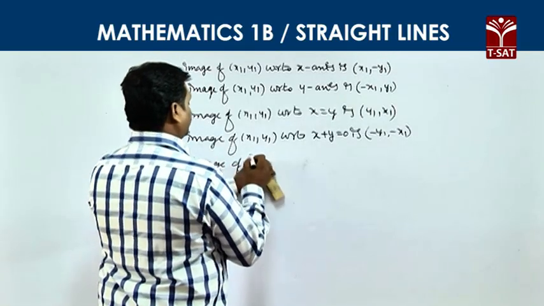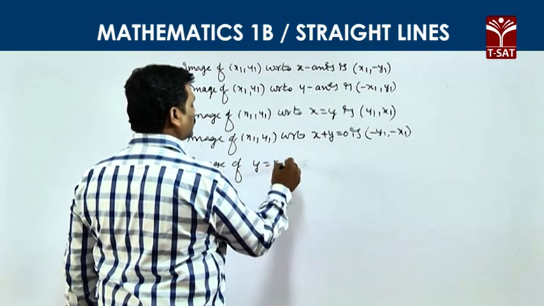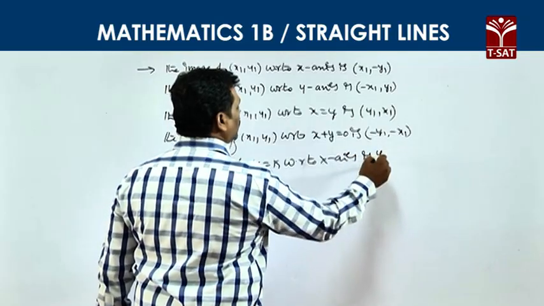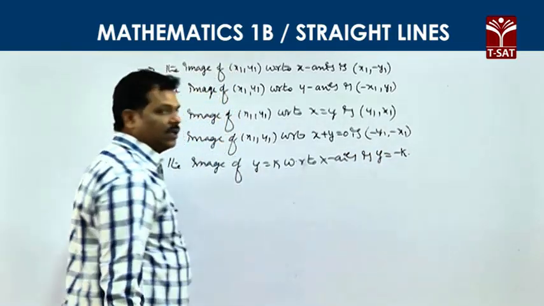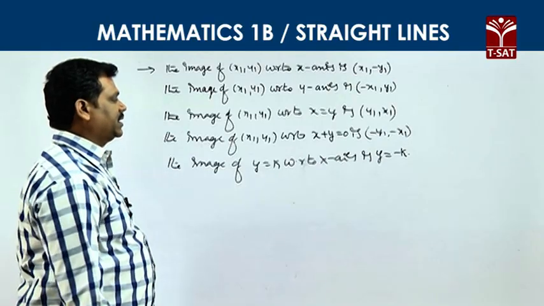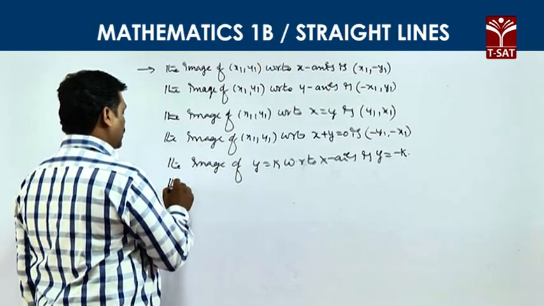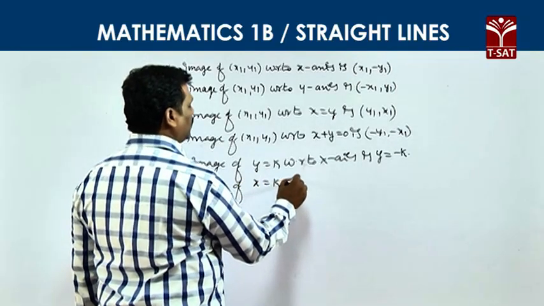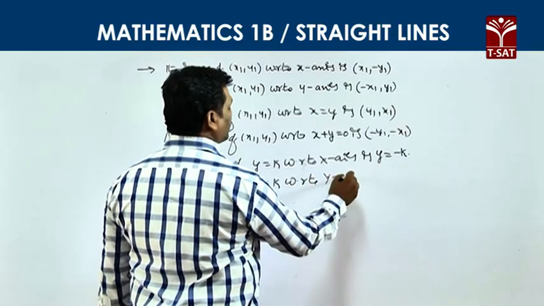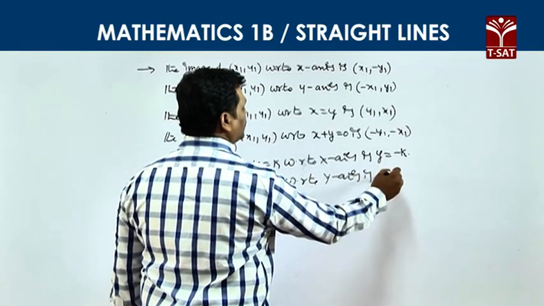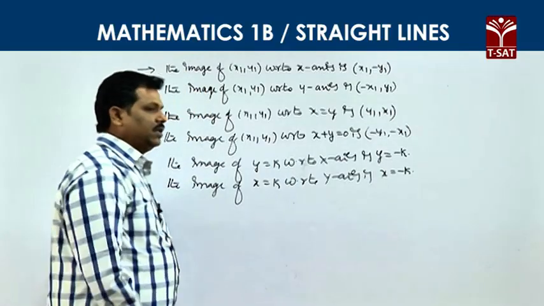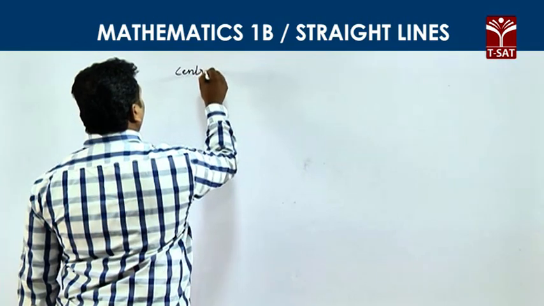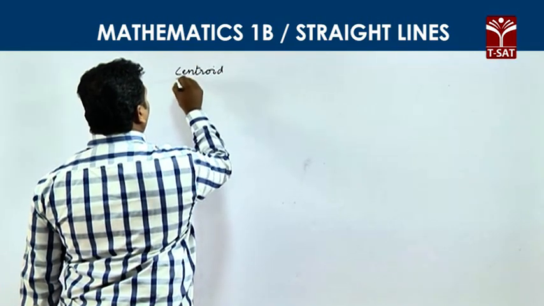The image of y = k with respect to the x axis is y = -k, and the image of x = k with respect to the y axis is x = -k. These are the image formulas. Next, we discuss the centroid. Already we know this is the centroid.